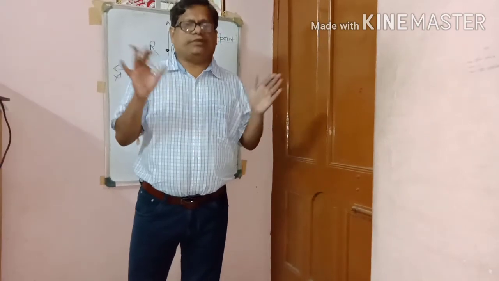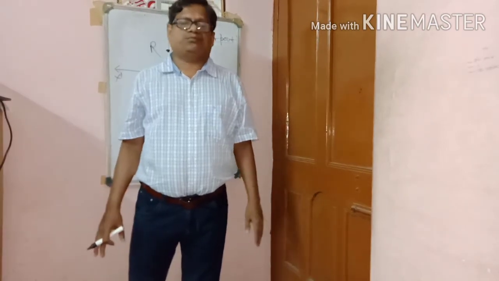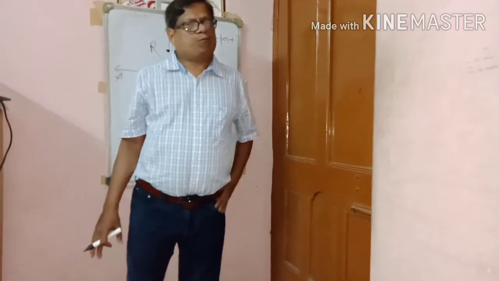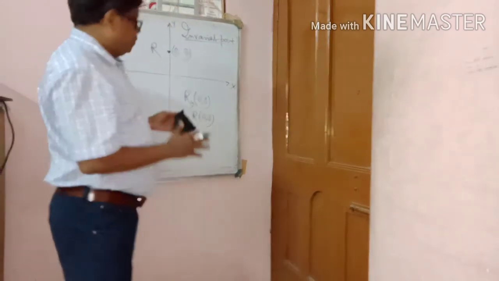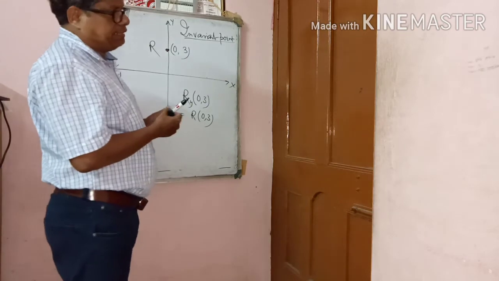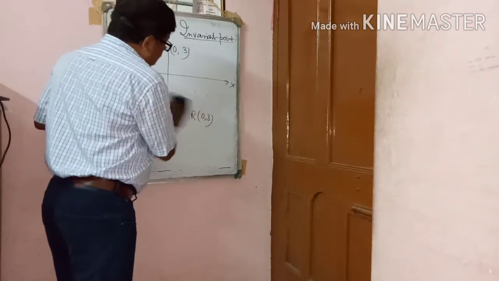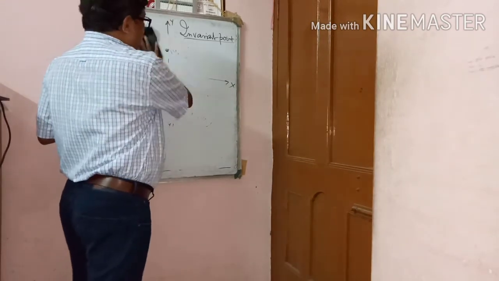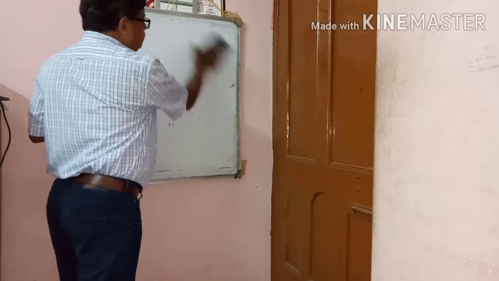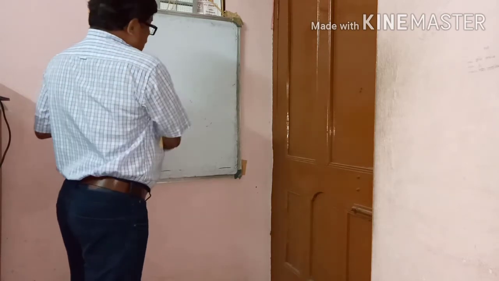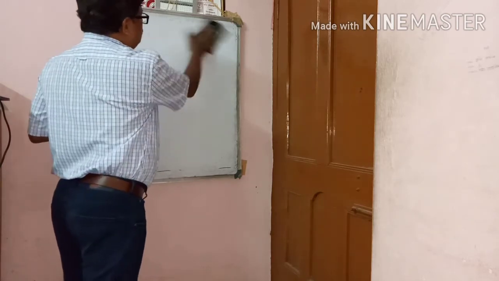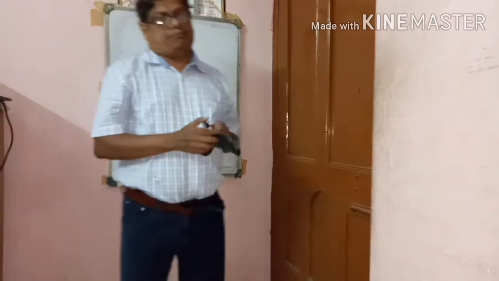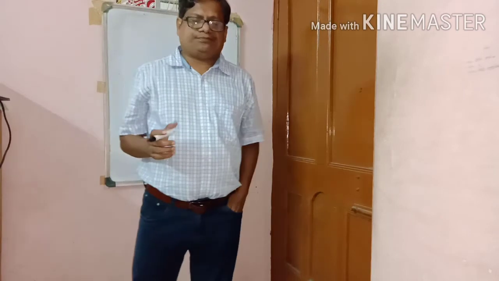Now I will do an exercise, and you will see every year one question will come from here. Reflection, keep in mind, you will get one question in the ICSE exam.